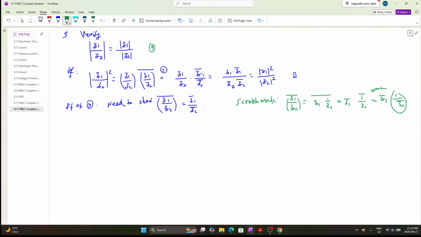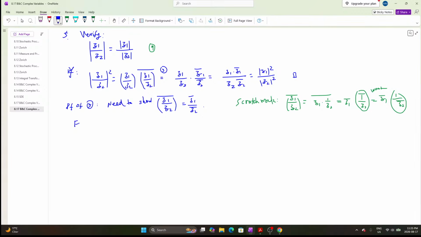So can we show this? Well, we can probably just give the x coordinates and y coordinates to show this. Shouldn't be too complicated.